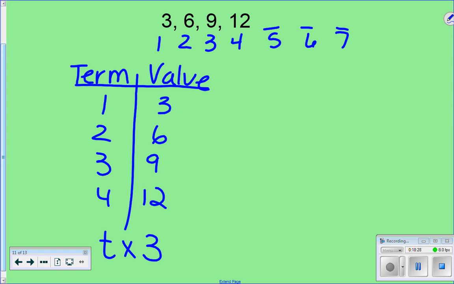So 21 would go here. And term 6 would be 18. Let's say we want to find term 100. Let's say it goes on and on forever. What's term 100 going to be? 300. What's term 300 going to be? 900. Do you see how I can use my rule to figure out whatever term I want?